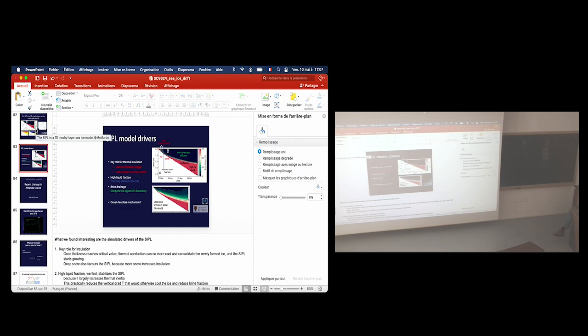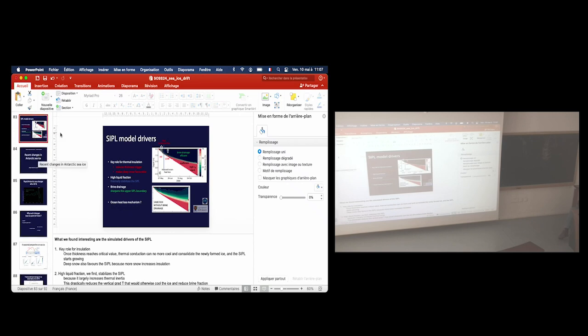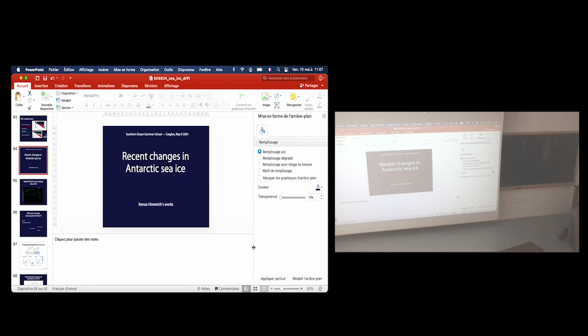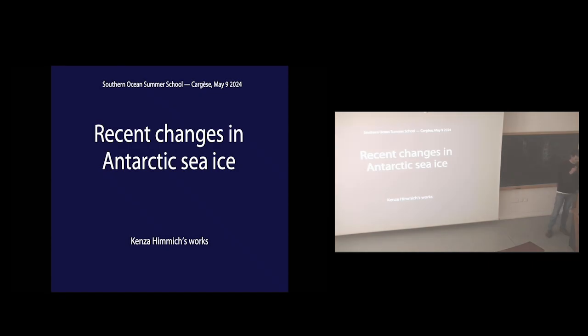Okay, so one thing I will do is to advertise the poster of Kenza. Kenza just finished her PhD thesis about recent changes in Antarctic sea ice. So we've heard a lot on the change in Antarctic sea ice already this week. I'm really stealing Kenza's thesis results.